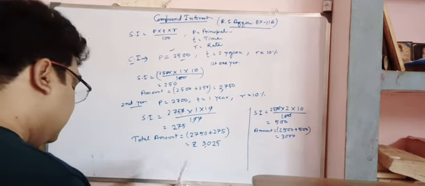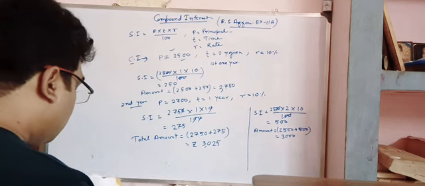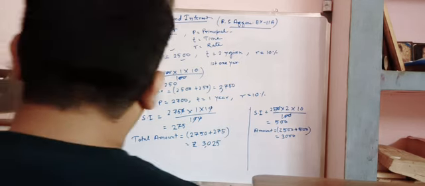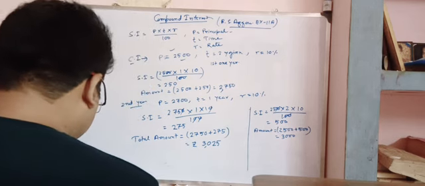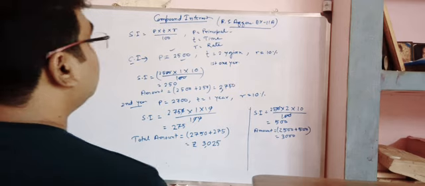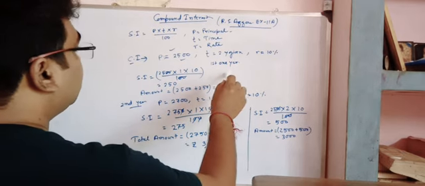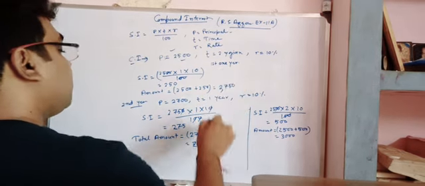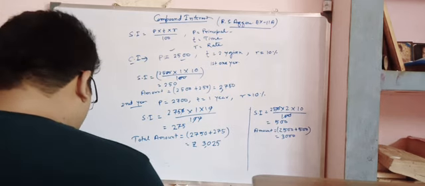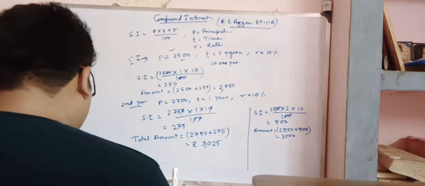Hope you understand the compound interest. Now to compute the compound interest, we have to do a direct formula. We do not need to do any steps like that. For this computing we have to make 2 steps. Now for computing that we don't need to do any steps like that.